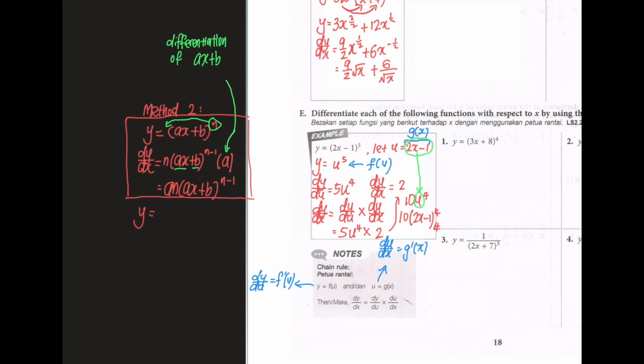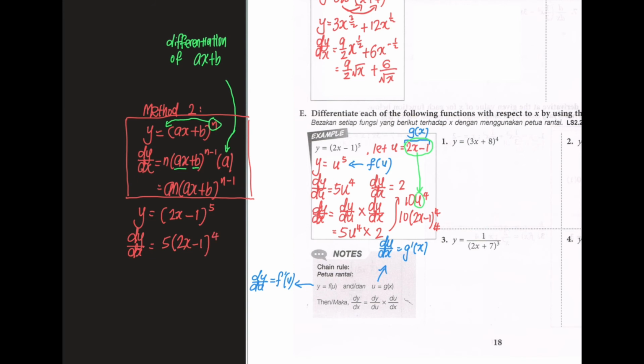So let's take a look. I use back the same example. If you have y equal to 2x minus 1 to the power of 5, I use the formula. dy dx: power 5 bring in front, multiply with 2x minus 1.